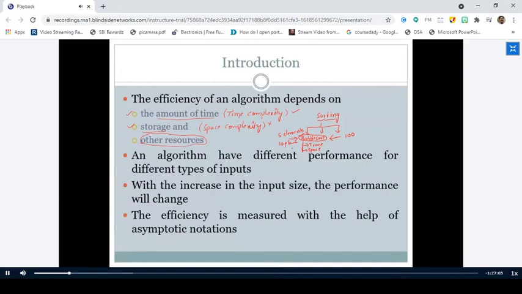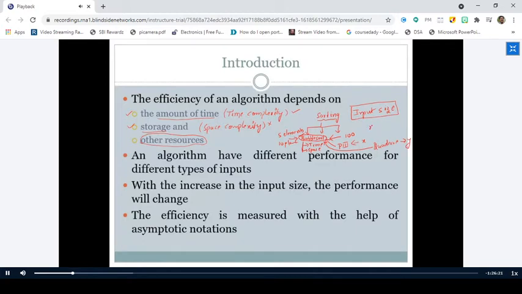Other than time complexity and space complexity, there are some other internal resources on which the algorithm efficiency depends. For example, the way you give the input, or the input size, is an internal factor on which the efficiency of the algorithm depends. Say you run this bubble sort algorithm on an old computer, a Pentium 3 processor, and assume the time is some X. Similarly, you run the same bubble sort algorithm on the latest quad-core computer, and assume the efficiency is Y. How can you relate X and Y?